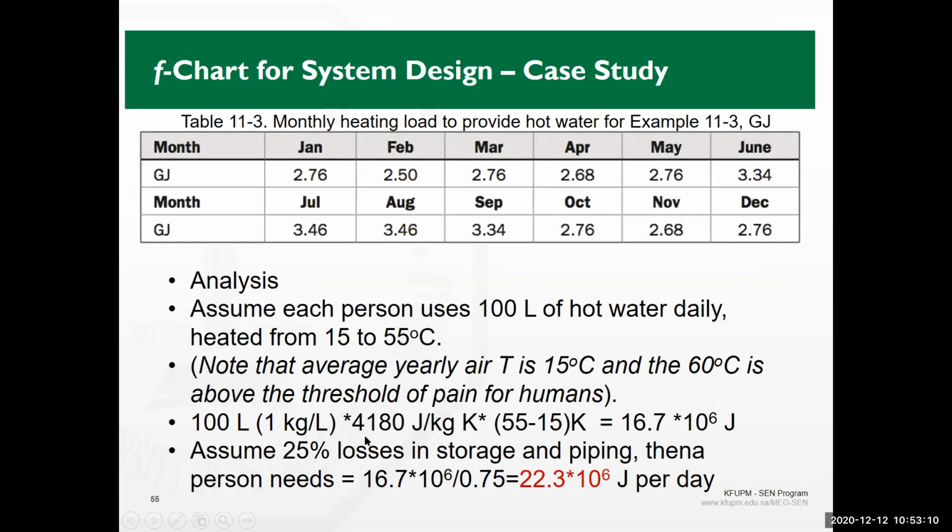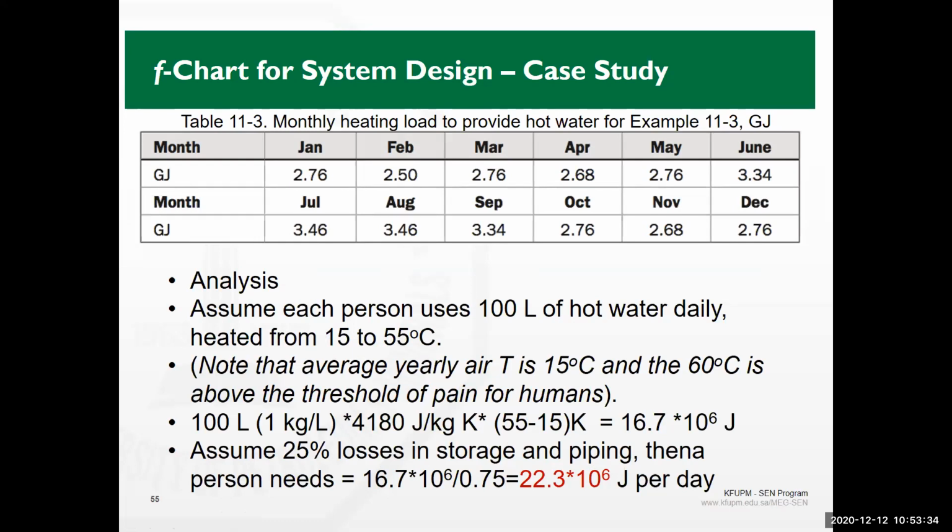The way to calculate the heating load actually is, the assumption is everyone uses 100 liters of hot water daily, which is to be heated from 15 to 55. Actually, they have not specified the value 55, but the way it came about is that 60 degrees centigrade is what they call the pain threshold for a human.